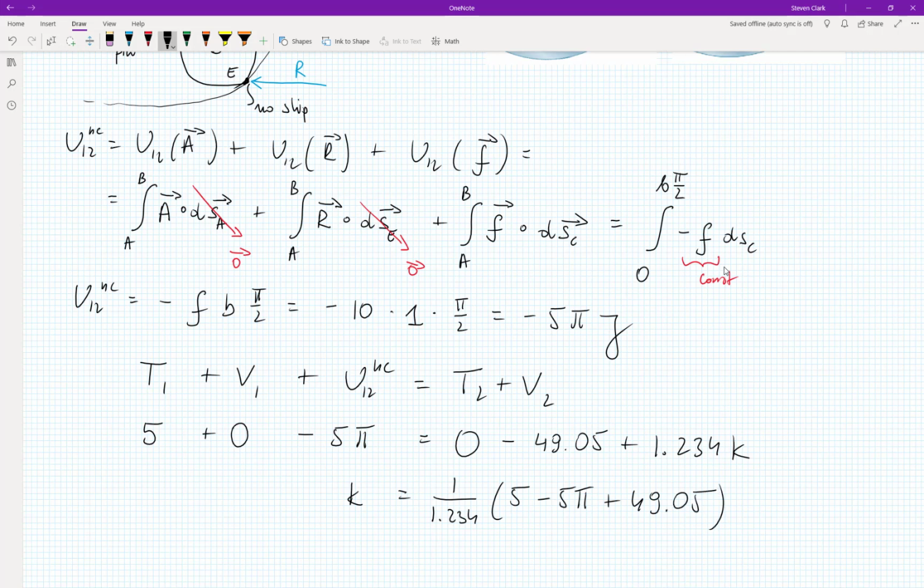Okay, grab your calculators and find that K is approximately 31.071 newton-meters per radian. And this is the answer.